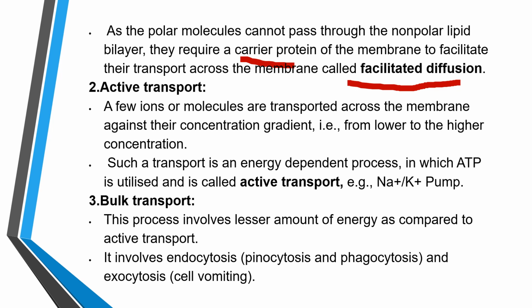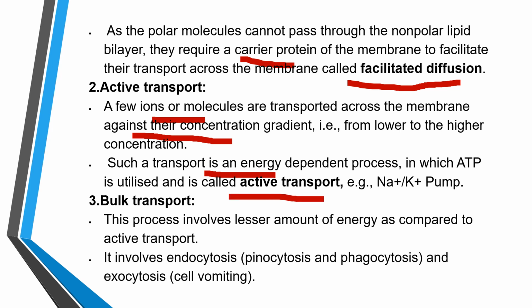After passive transport, students, the second method is active transport. Active transport is utilized for the transportation of ions or molecules when they are moving against the concentration gradient, that is, from lower concentration to higher concentration. A very important point to be noted down is that such a transport is an energy dependent process in which ATP is utilized, and it is called active transport.